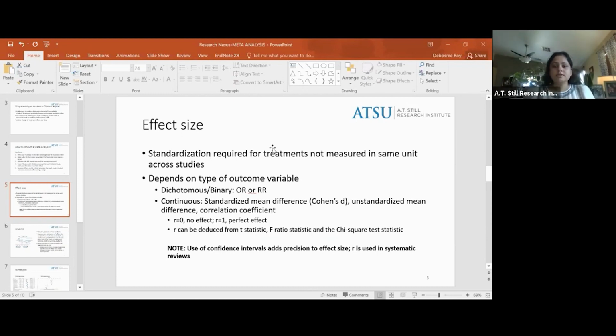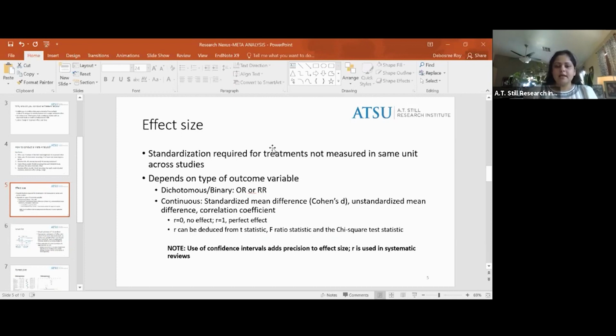And the correlation coefficient, as you would know, is also used in systematic reviews. It can be deduced from a t-statistic, an F ratio, or a chi-square statistic. We are not going to use correlation coefficient as an effect size in our example today, but it's good to know that you can have this as a fallback.